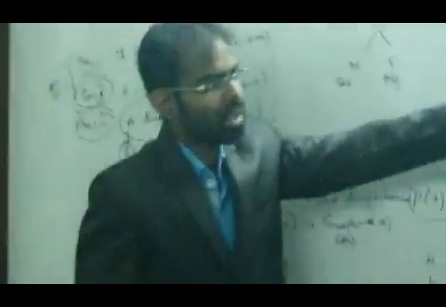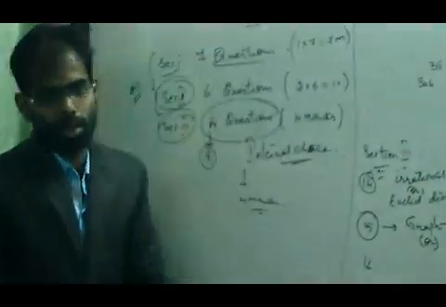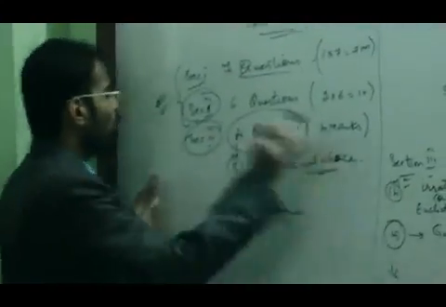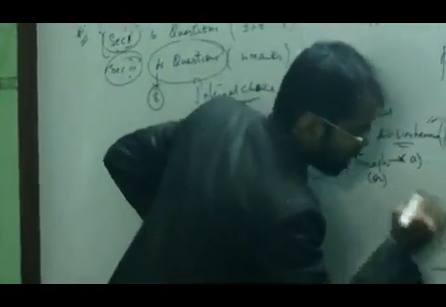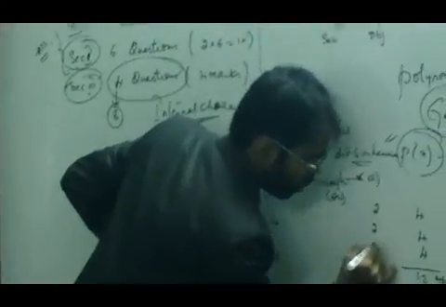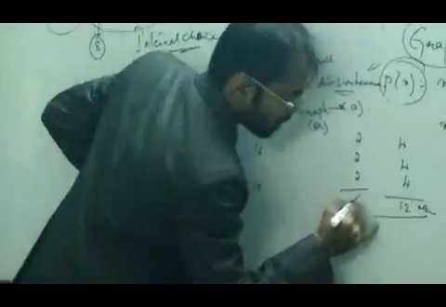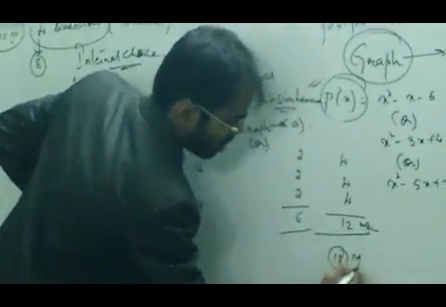So these 3 chapters you can practice for 2 more questions each. If you get 3 questions, that is 2 plus 2 plus 2, that is 6. 12 plus 6 is 18 marks.